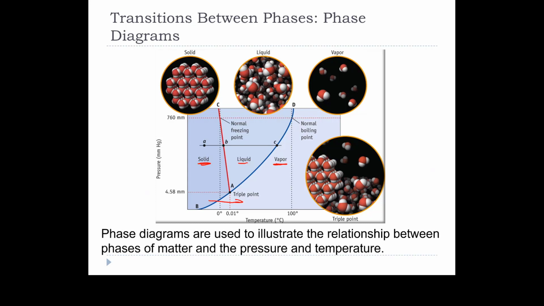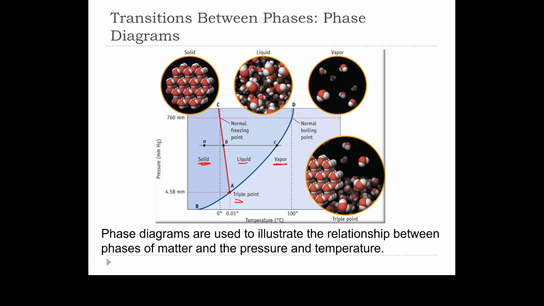We go from solid to gas. So if our pressure is below the triple point pressure and we heat it up, that's sublimation. Once we get to a pressure above, then we go solid to liquid, right? Then it's melting.